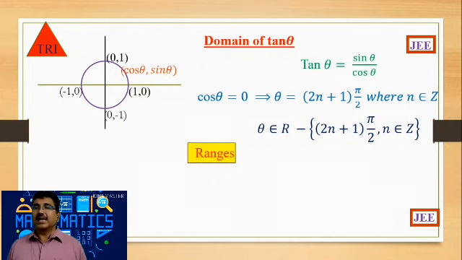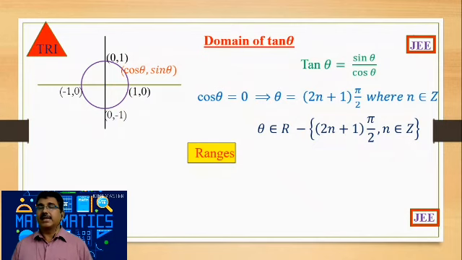Consider a unit circle with the center at origin. The points on the x-axis are (1, 0) and (minus 1, 0). The points on the y-axis are (0, 1) and (0, minus 1). Since cos square theta plus sin square theta is equal to 1, therefore (cos theta, sin theta) lies on the circle.